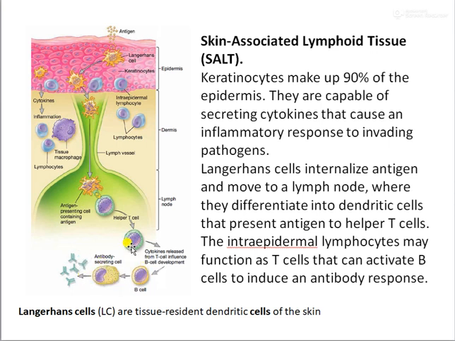So both in MALT as well as in the skin associated lymphoid tissue, the B lymphocytes, the T lymphocytes and the antigen presenting cells play an important role in presenting the antigen. So with this, we come to an end of the lymphoid tissues. Thank you for now.